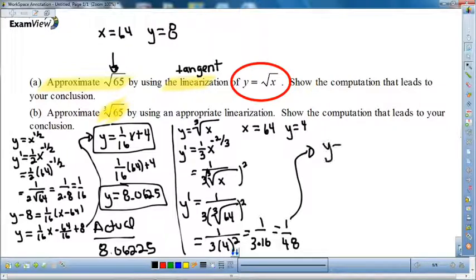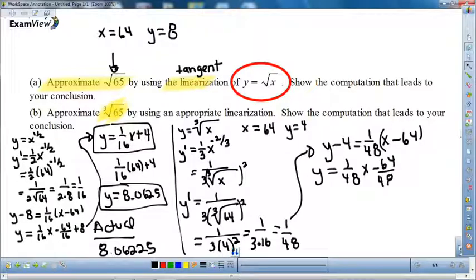Then I'm going to use point slope form and solve for y. I end up with y equals 1 over 48x plus 8/3.